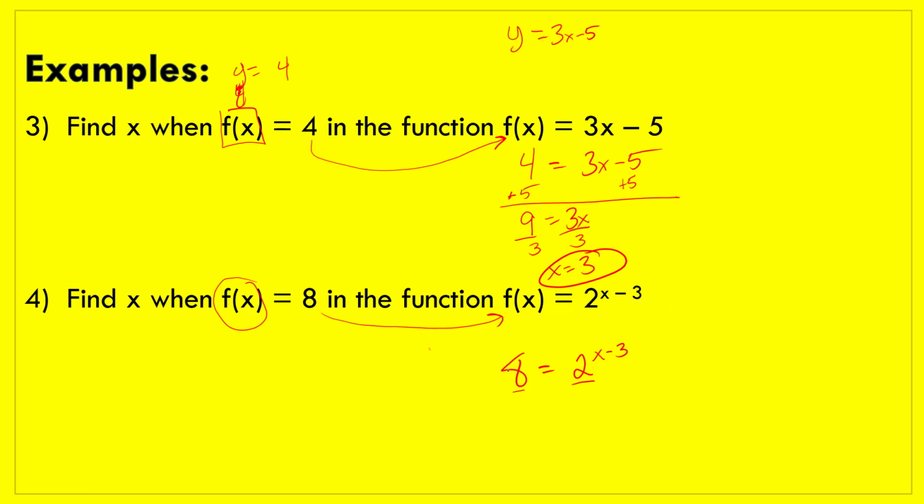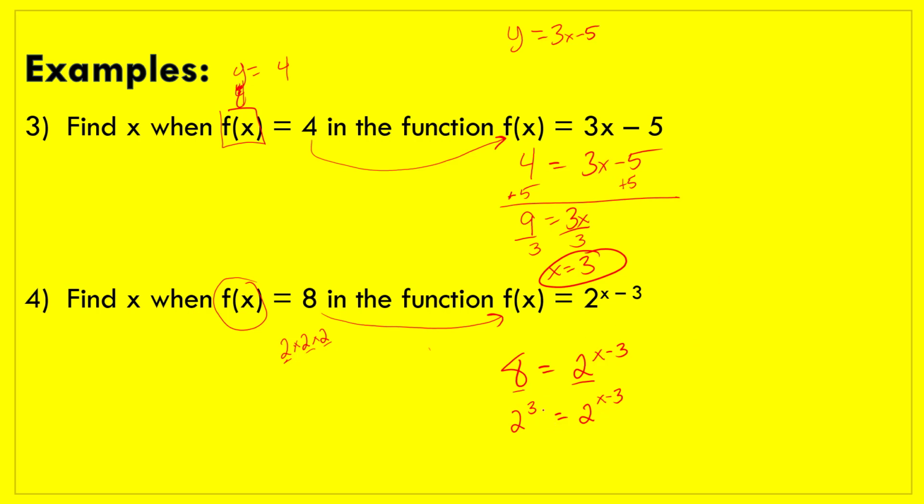Well, is there any power of 2 that when we multiply it by itself is going to give us 8? Well, let's think. 2 times 2 is 4 times 2 is 8. Whoa. So 2 to the 1, 2, 3 power is equal to 2 to the x minus 3.